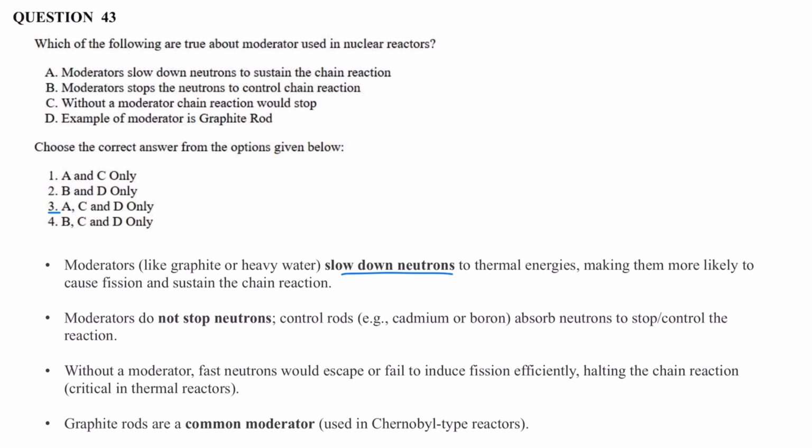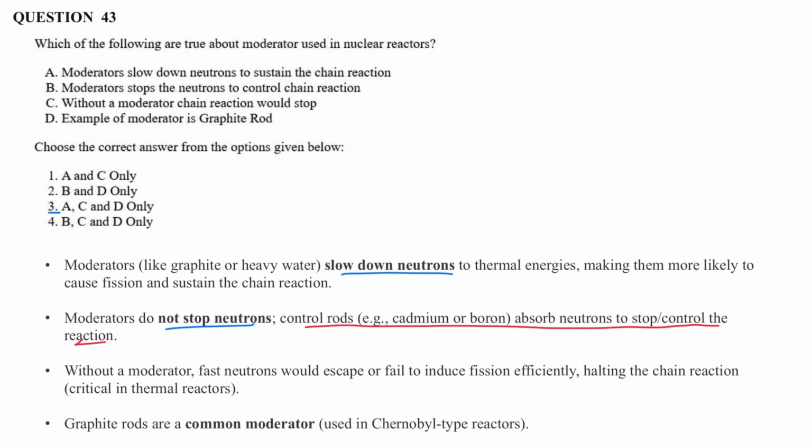Moderators do not stop the neutrons, but they slow down the neutrons. Control rods absorb the neutrons, stop or control the reaction. Without moderator, fast neutrons would escape or fail to induce fission efficiently, halting the chain reaction. Graphite rods are common moderators.